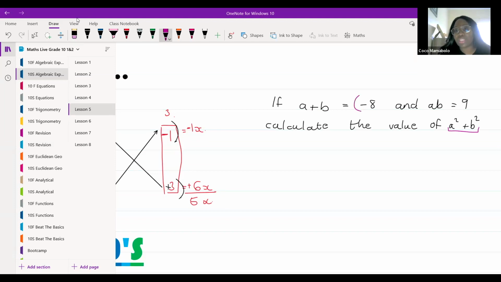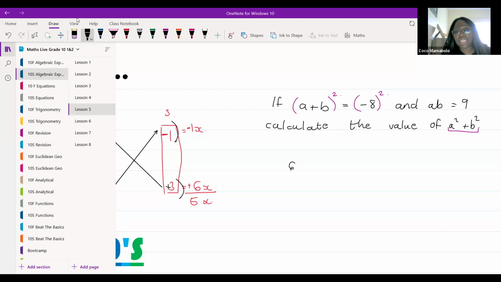Correct. So if I square -8, that means I will also have to square that side. Okay. So let's see how this actually plays out. I know that -8 squared. What is -8 squared, guys? Good. That's it, Abu. It's 64. It's positive 64.